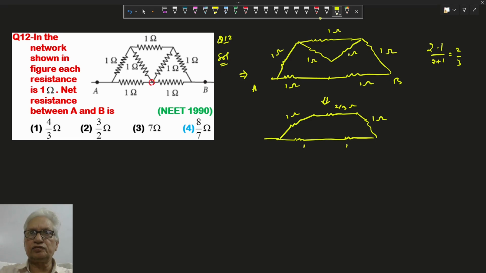Now there are two parallel resistances: 1 plus 1 plus 2 by 3 is 8 by 3, and this is 2 ohm in parallel.